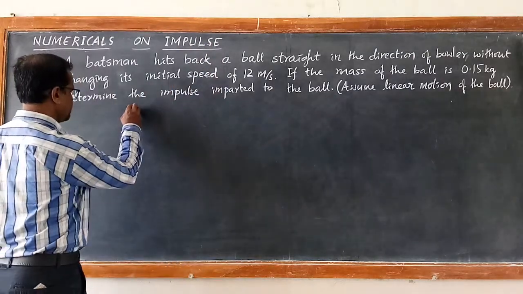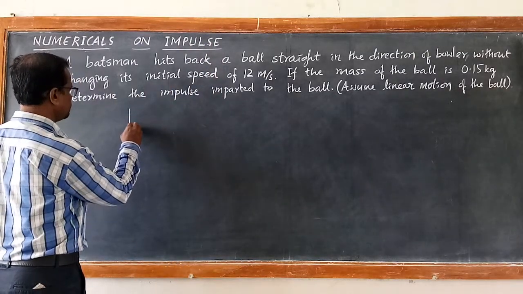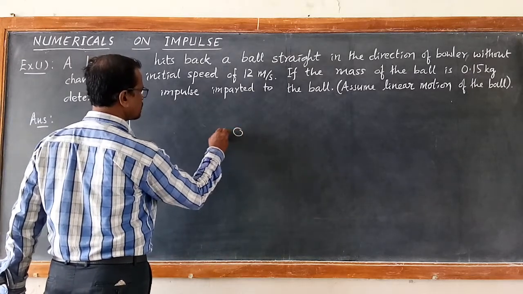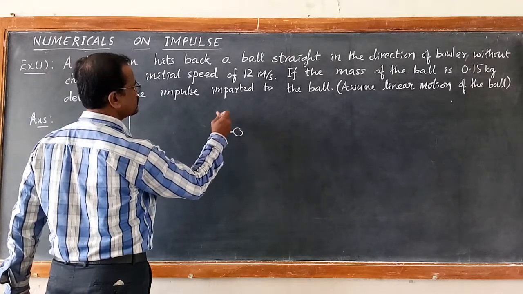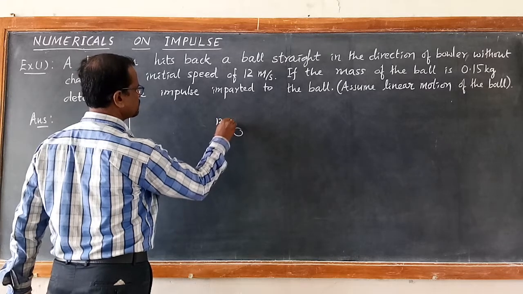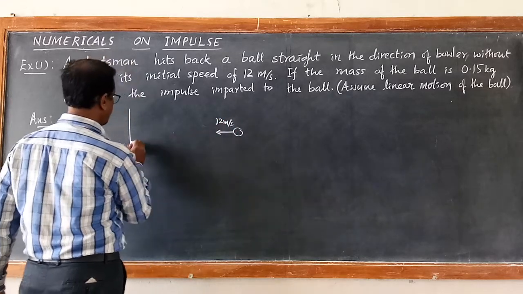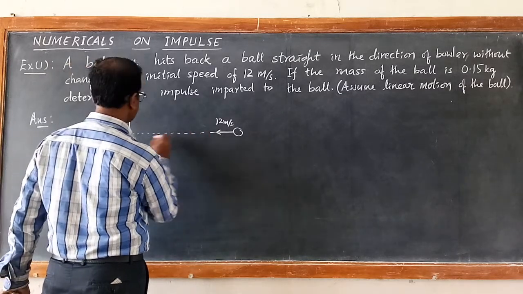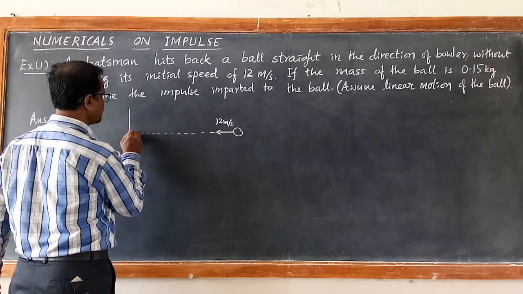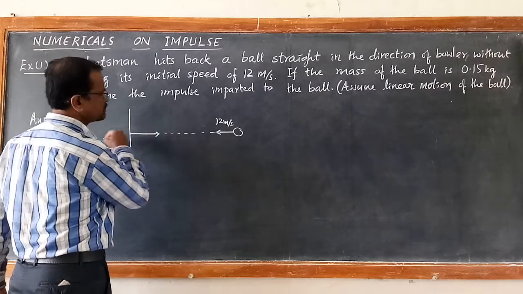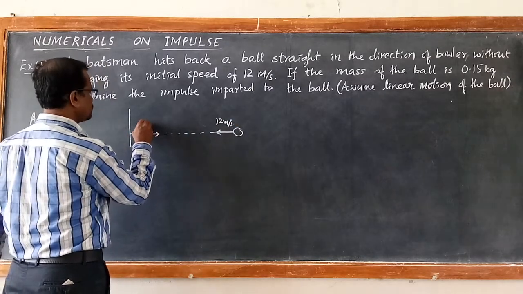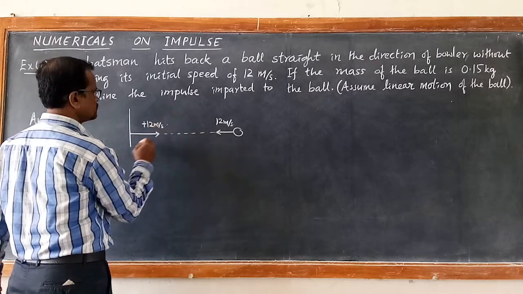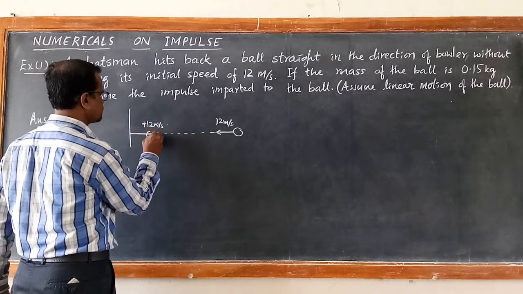So if this is the batsman position, if the bowler bowls from here, the ball comes with 12 meter per second, right? And after hitting the bat, it goes in the same opposite direction, 12 meter per second.